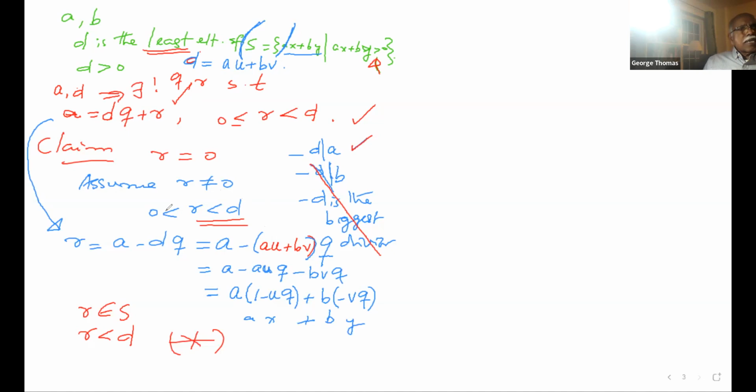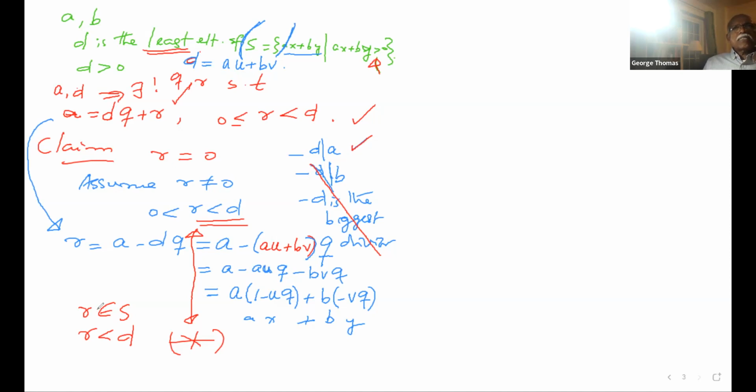If R is greater than 0, then we find that this R is in S. But look at this, we are assuming R less than D. That is a contradiction. Whoa. This is a beautiful proof, guys.